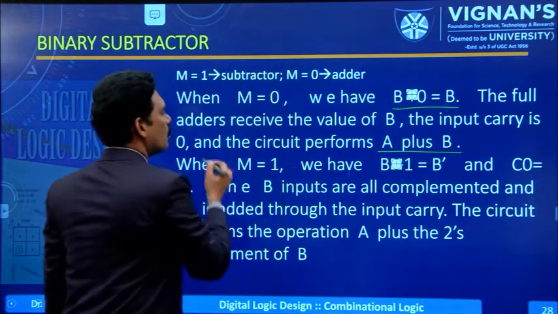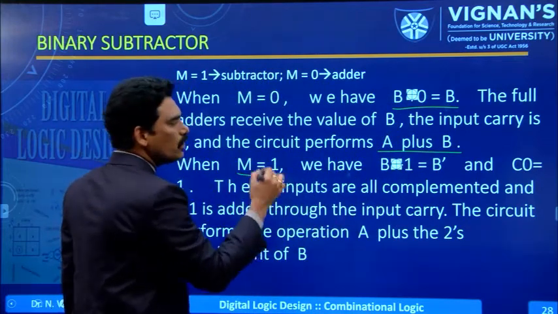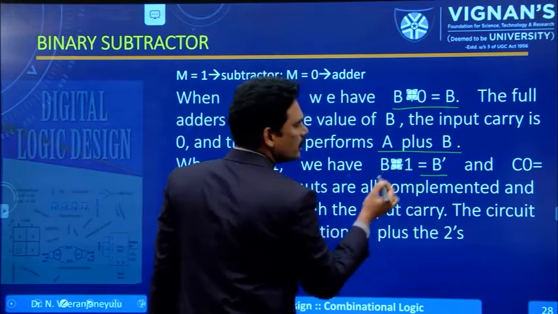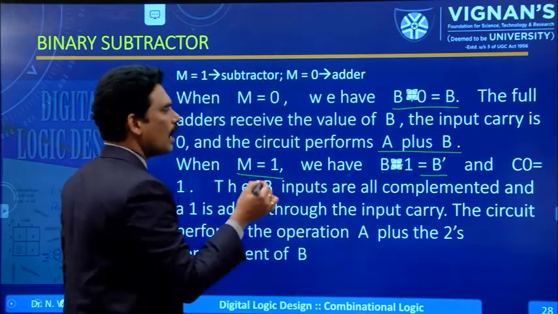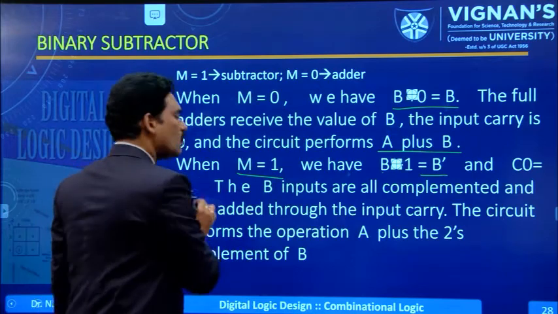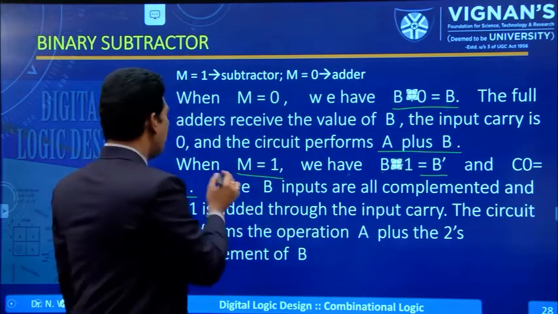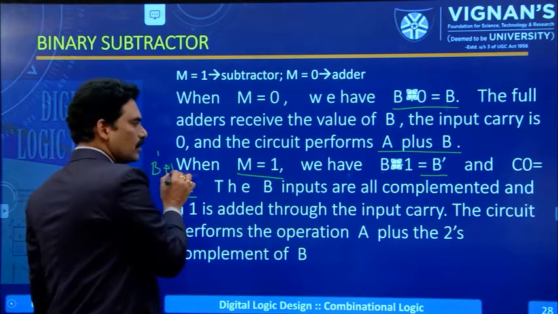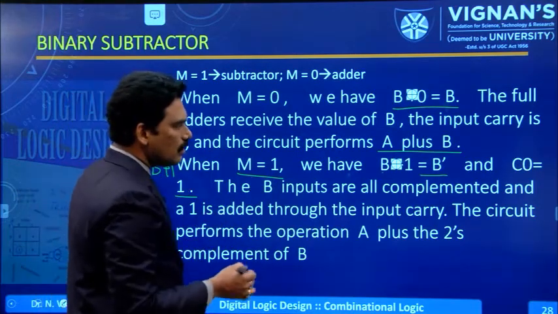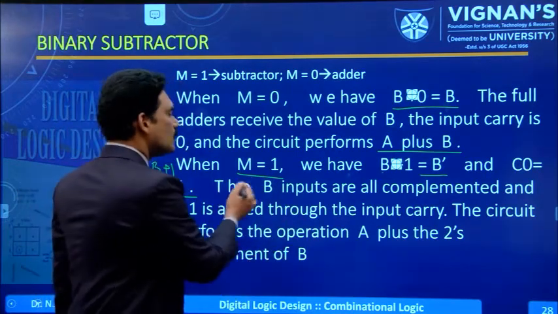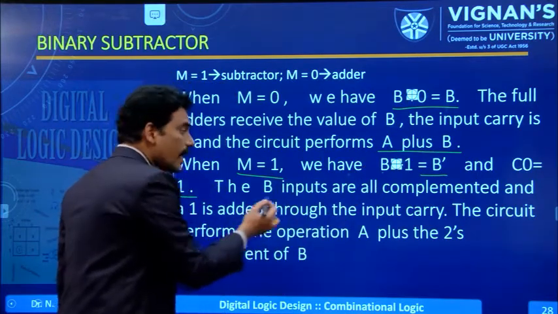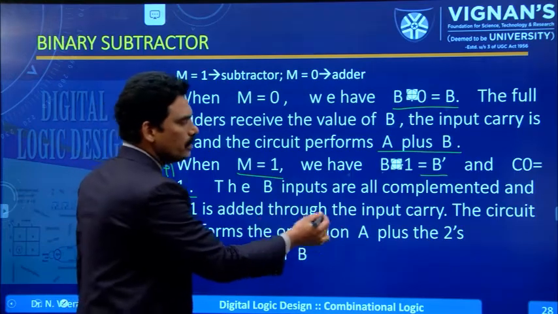When M is equal to 1, we have B exclusive OR 1, which gives B complement, and C0 is equal to 1, that is B bar plus 1, the 1's complement plus 1. So the B inputs are all complemented, and a 1 is added through the input carry.